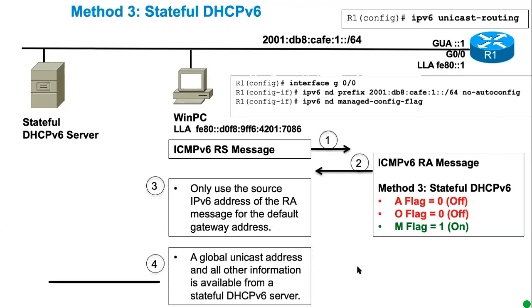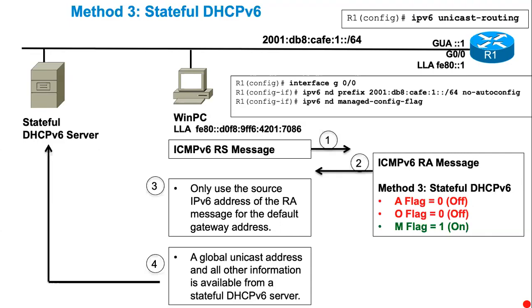For everything else, it's going to go talk to a stateful DHCPv6 server, which will give the end device everything it needs, except a default gateway address. But it will give it a global unicast address, prefix length, of course, DNS address, things like that. Similar to IPv4, except no default gateway address.